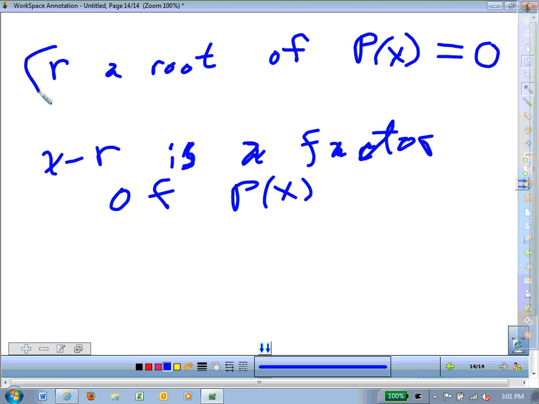So here's what we were looking at before, written out in a slightly more abstract, general way. If you have a solution to an equation, then if you write the expression in the equation equal to 0, so you have to put it in that setup, then you also have a factor.